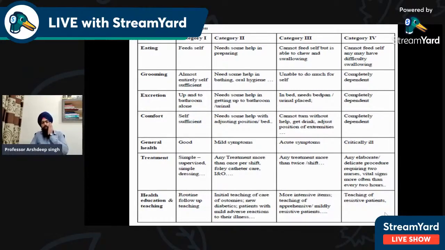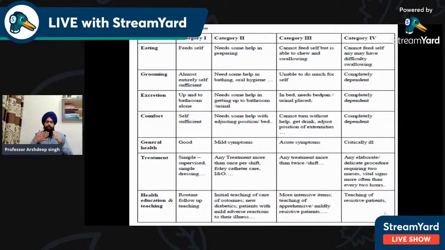For example, we have four categories of patient in eating. Which type of patient will be in category 1, 2, 3, or 4? The patient who will feed himself or herself will be in the first category. The second category needs some help in preparing. Third, cannot feed self but is able to chew and swallow.